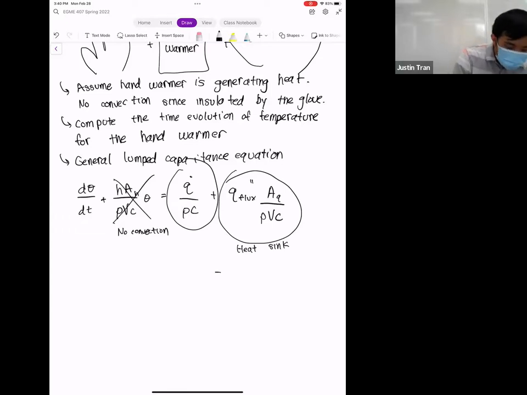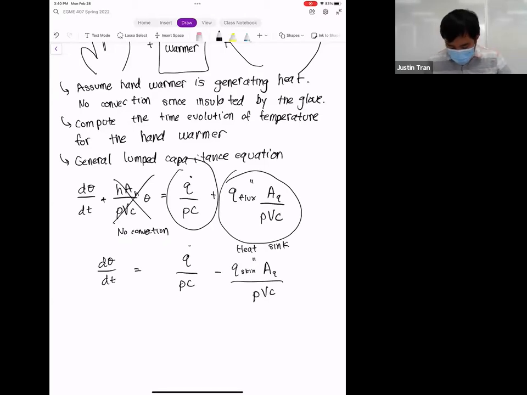And so to represent a heat sink, I can just change the sign on this. So we'll call this q skin double dot times A_q divided by rho V c. Okay. And then we have an equation that looks like that.